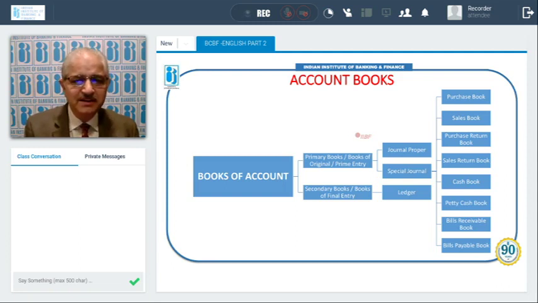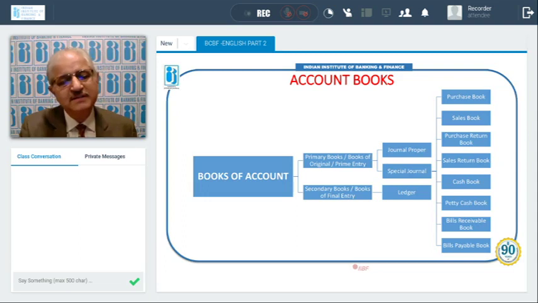Since debit is higher in this case, the balance would be called a debit balance. That's how we maintain a ledger. Nowadays we have all computerized accounts, so all this work is done by computers directly.